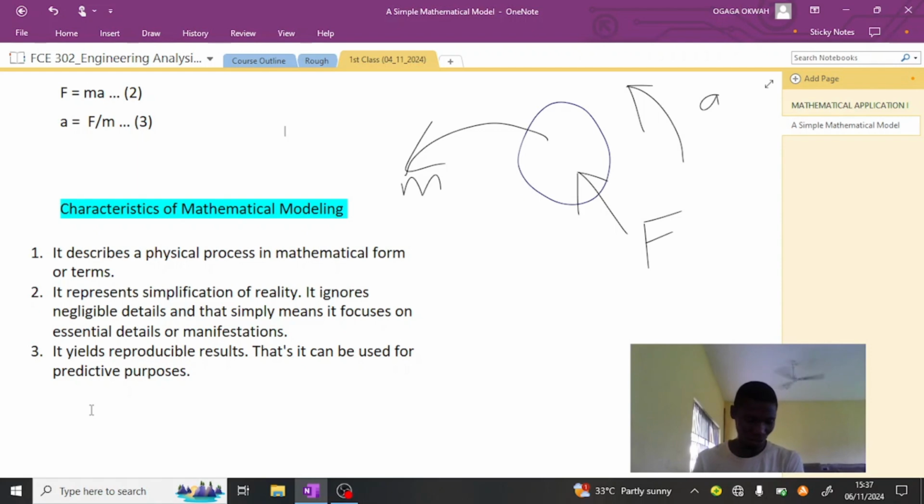Okay, let me just read it. Now, to illustrate a more complex model of this kind, Newton's second law can be used to determine the terminal velocity of a free falling body as it gets close to the surface of the earth.